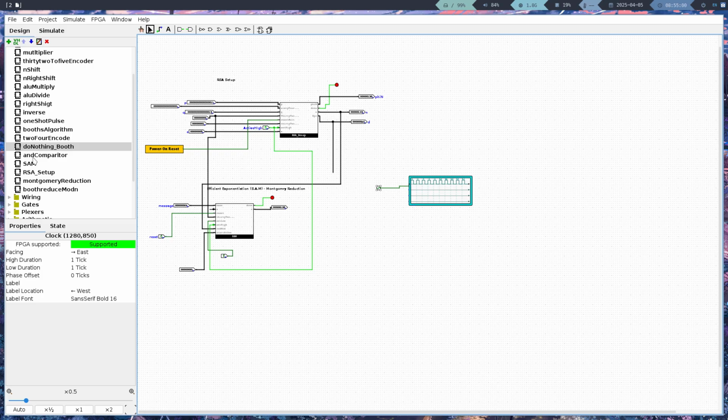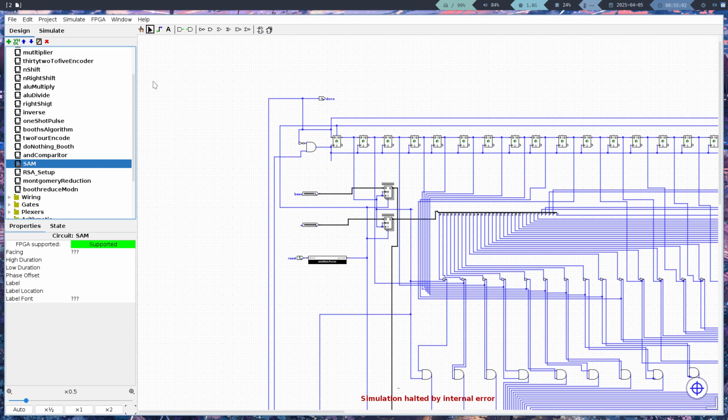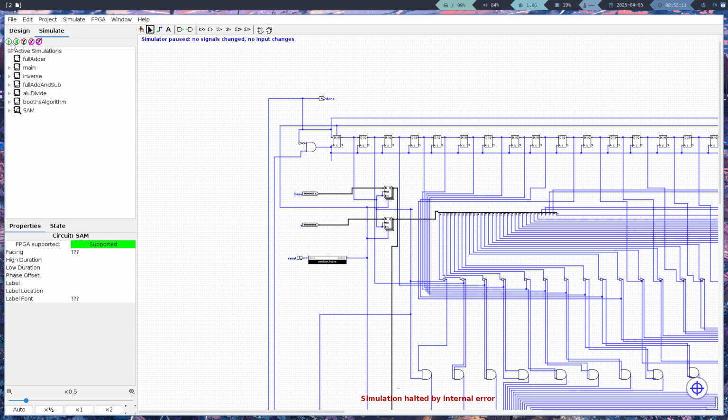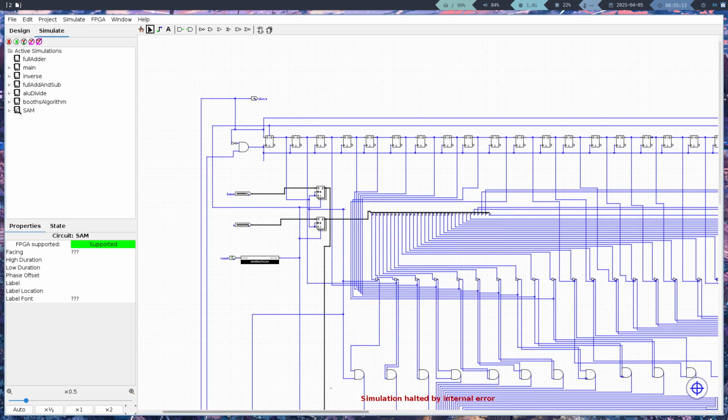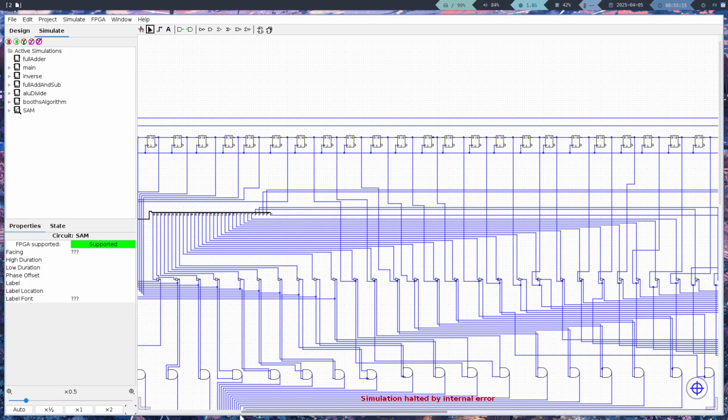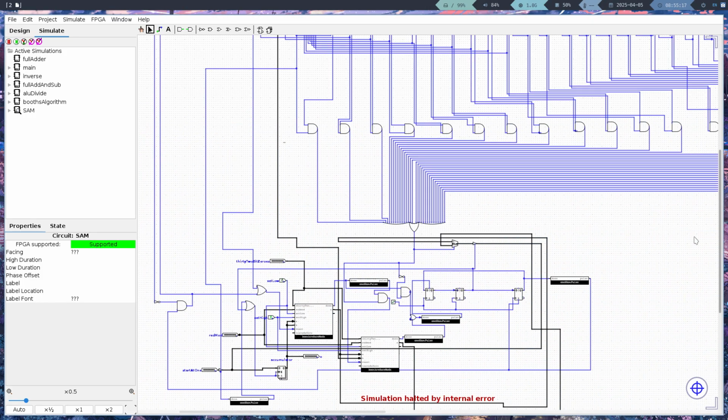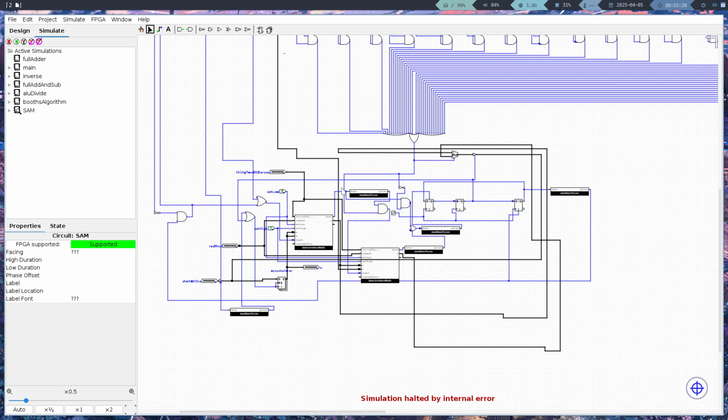So let's just go back to the square and multiply. Can I just reset? Let me just reset the entire simulation. But I don't know why I'm getting an internal error though. That's weird. That is very weird. Let's scroll down and see what the issue might be.